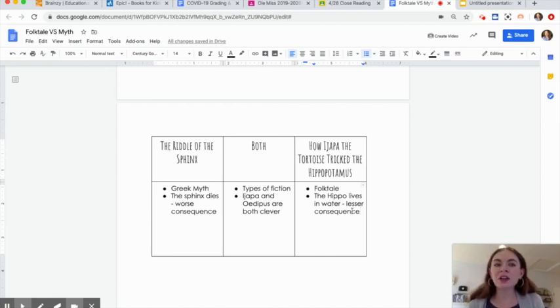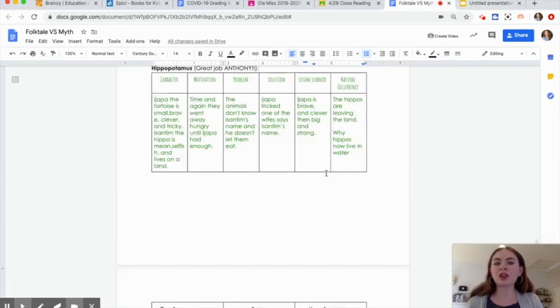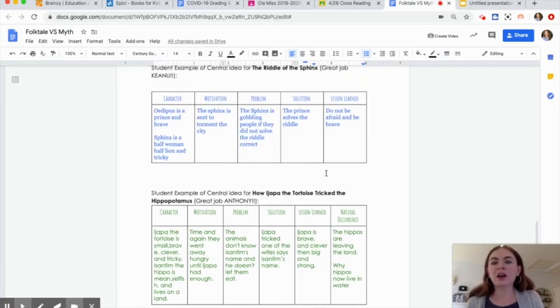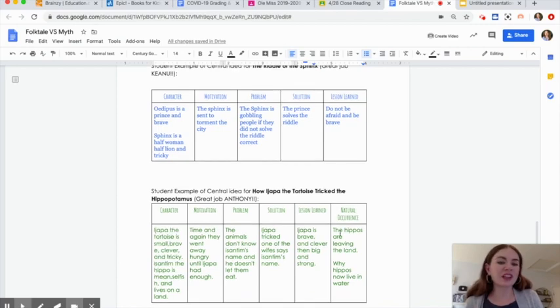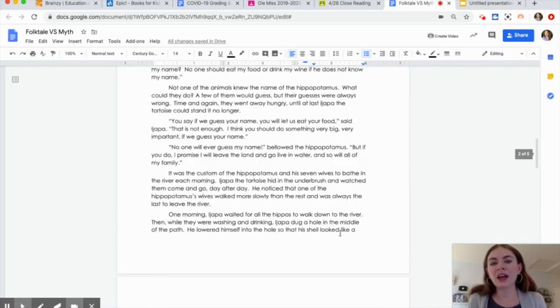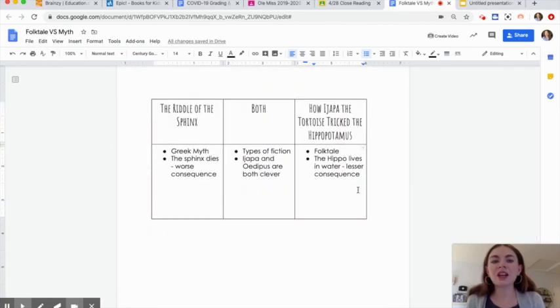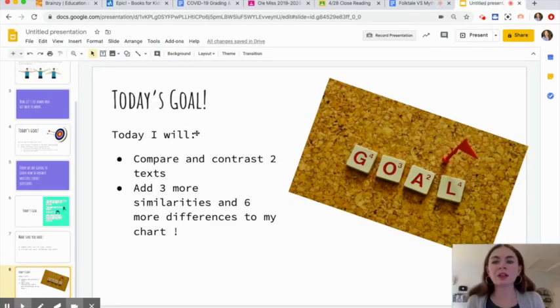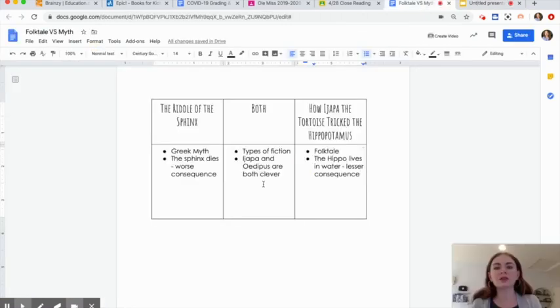Now, here is my challenge for you today. You can either use our two example thinking job charts, or you can use your two texts. And today you are going to add three more similarities and six more differences to your chart. So remember, you're going to write three more similarities, 1, 2, and 3.